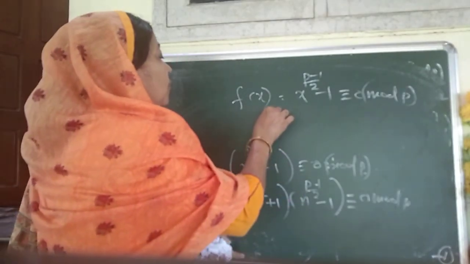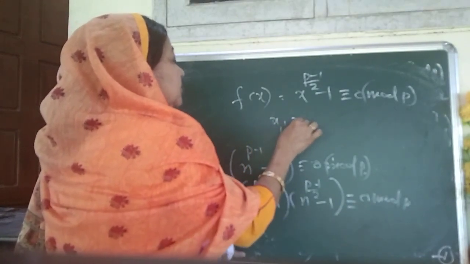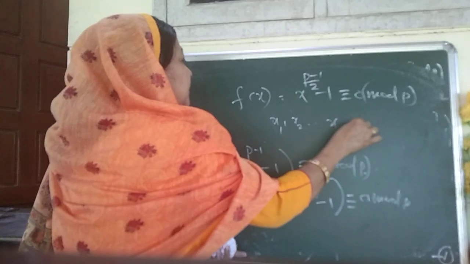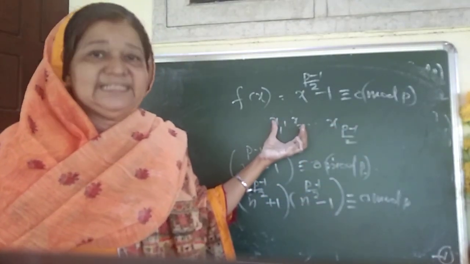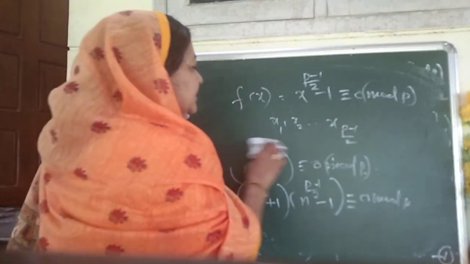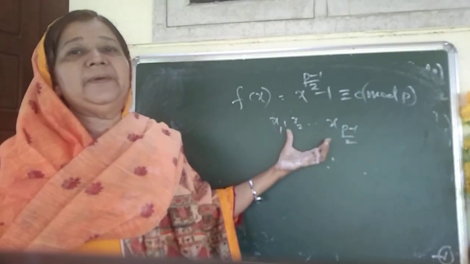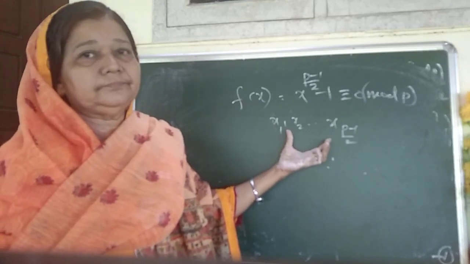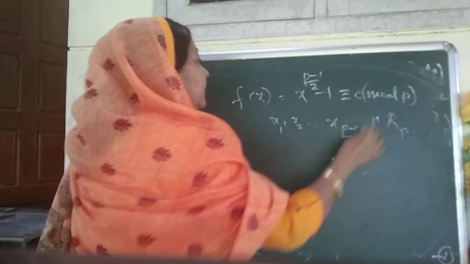Let them be x1, x2, etc., x_{(p-1)/2}. Also these numbers are distinct, and we know these (p-1)/2 numbers belong to the quadratic residues modulo p.